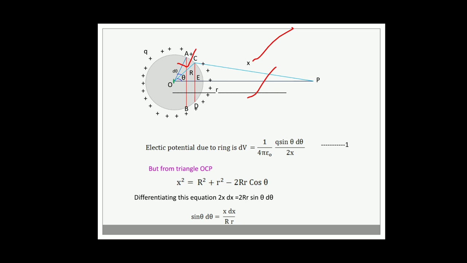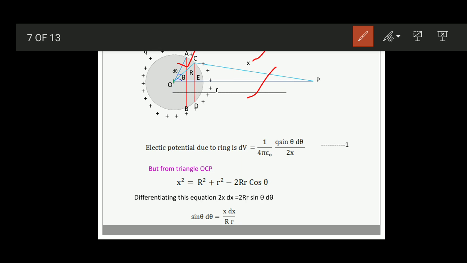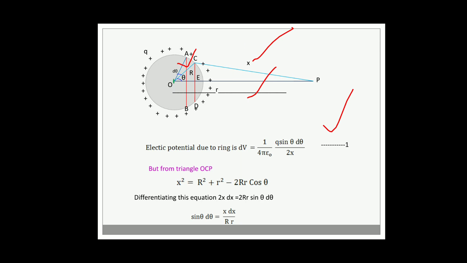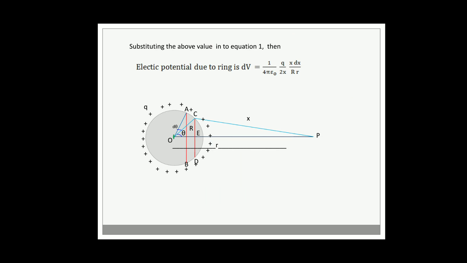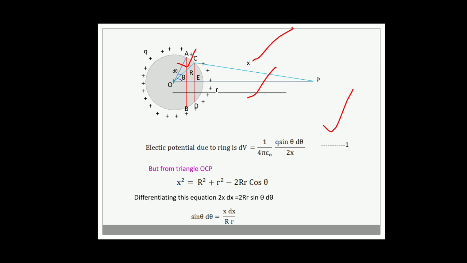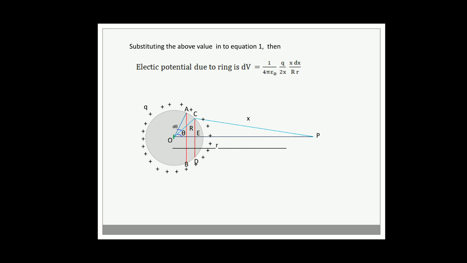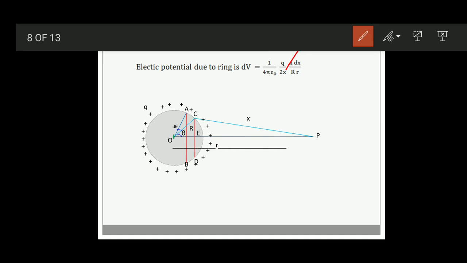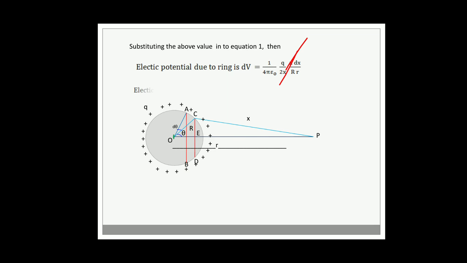When we substitute this value of sin theta d theta into the above equation, the potential dV is equal to 1 by 4 pi epsilon naught into Q by 2r into x dx by R into r, where x cancels each other, so that the potential dV is equal to 1 by 4 pi epsilon naught into Q by 2 into 1 by R into r into dx.